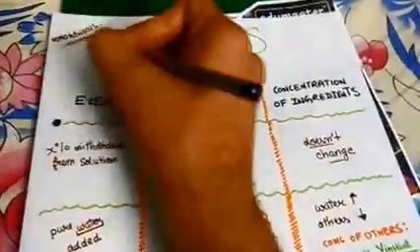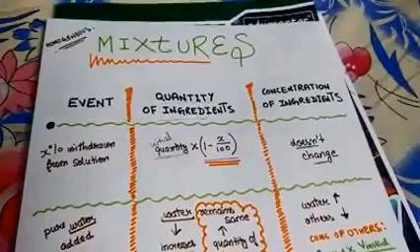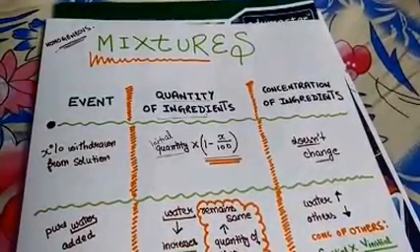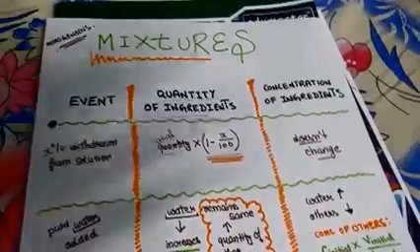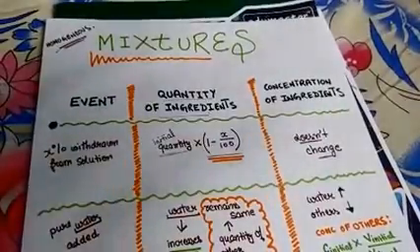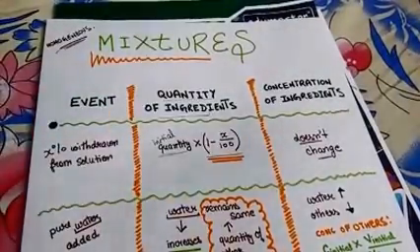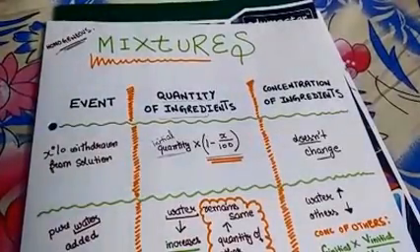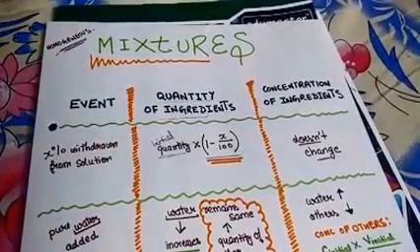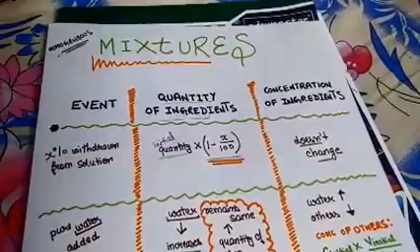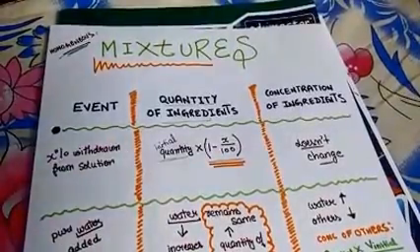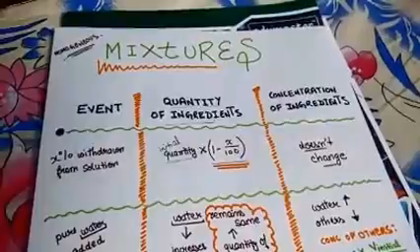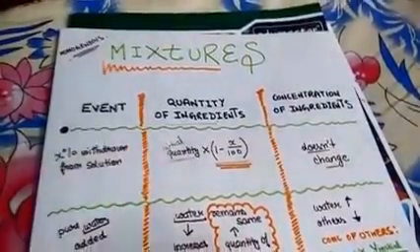And since it's a homogeneous mixture, it's something that should have been already known, that the concentration will not change, because no matter how much we take out of it, every molecule of that mixture would have the same ratio. So the concentration will not change if you just take out a particular amount from the total mixture, right?